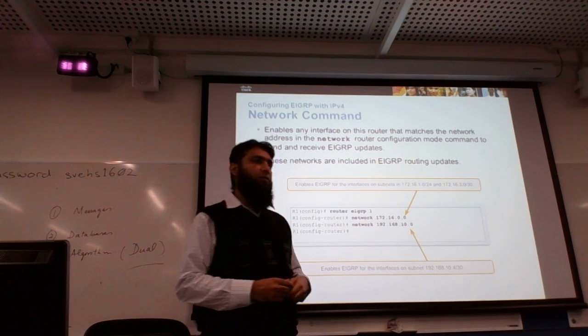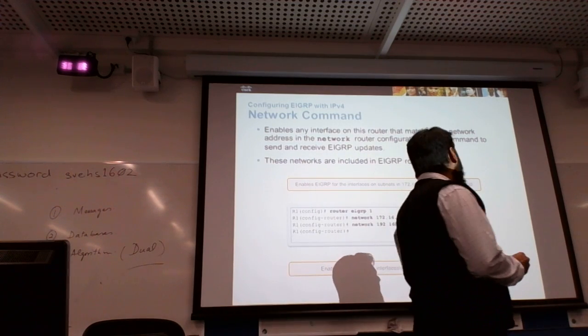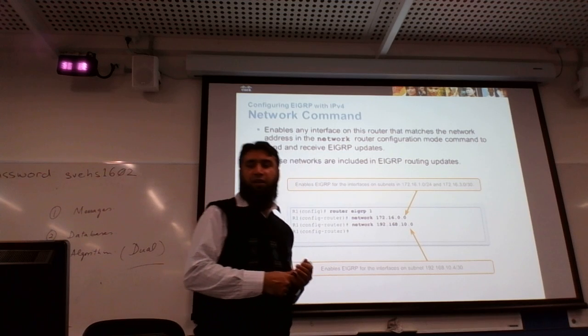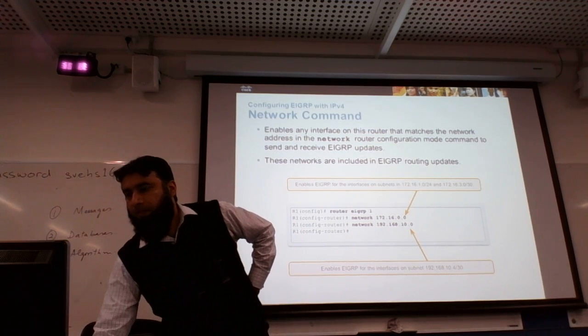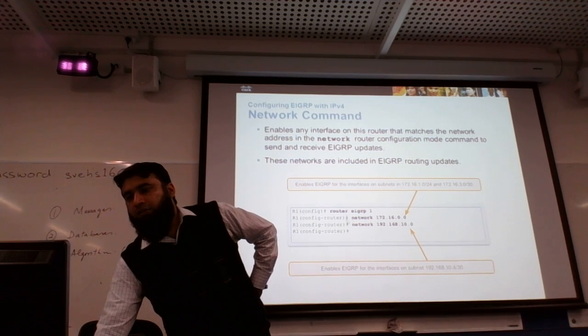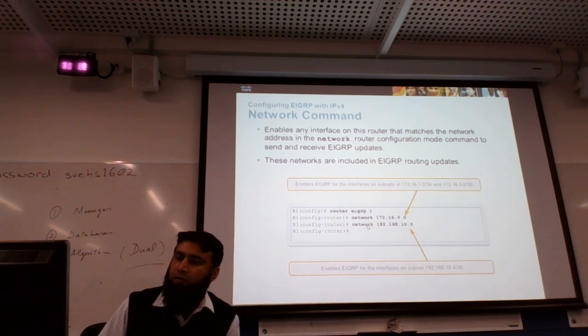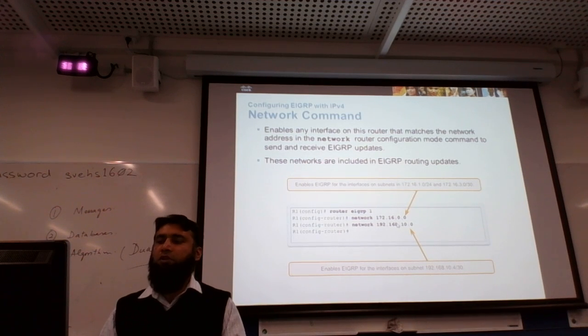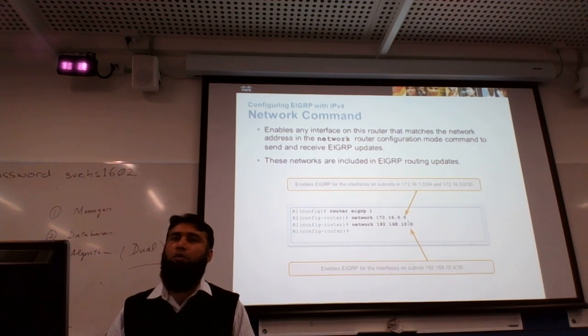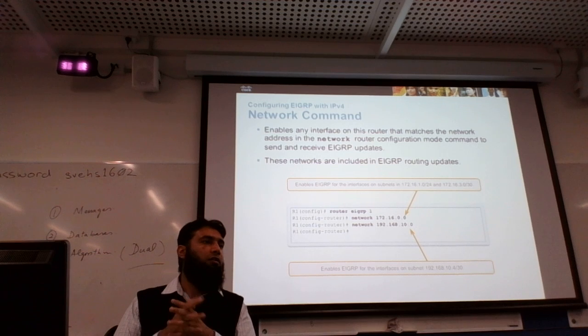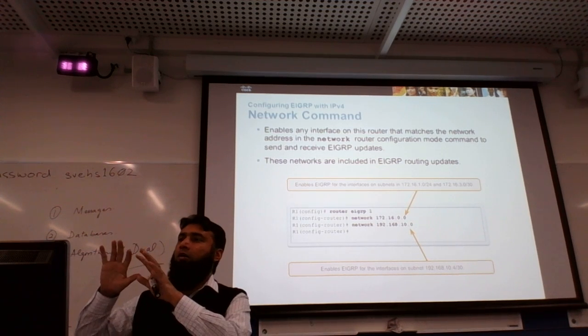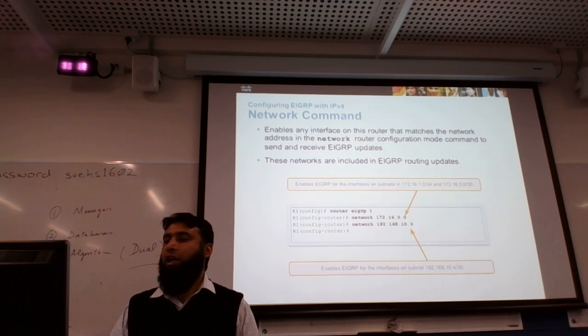How do we configure it? After that we use a network command, as you can see over here in the slide. In our case, router EIGRP first command with the autonomous system number 1, and then give the command network 172.16.0.0. Now we are adding the whole big network into the EIGRP process.